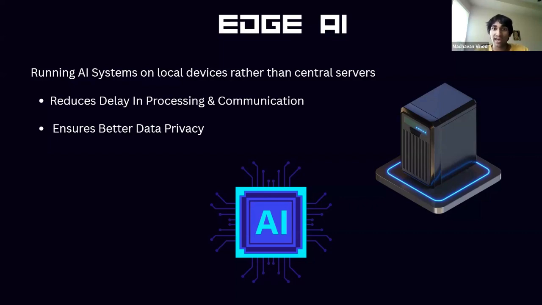Edge AI seeks to solve that. Through Edge AI, it eliminates in some ways the need for that huge central server, all those physical electronics. Because in very simple terms, it allows all that AI to happen on the very device that you're using right now.